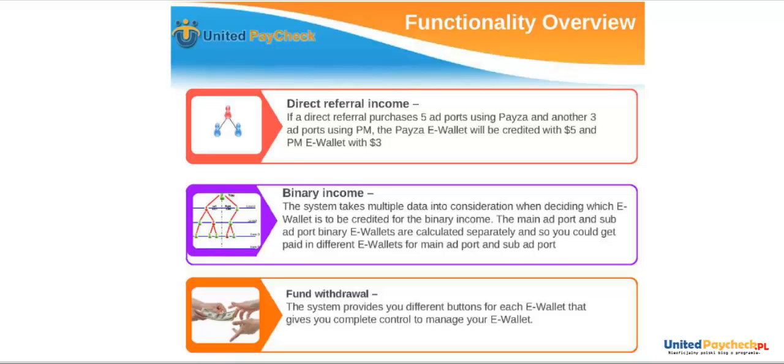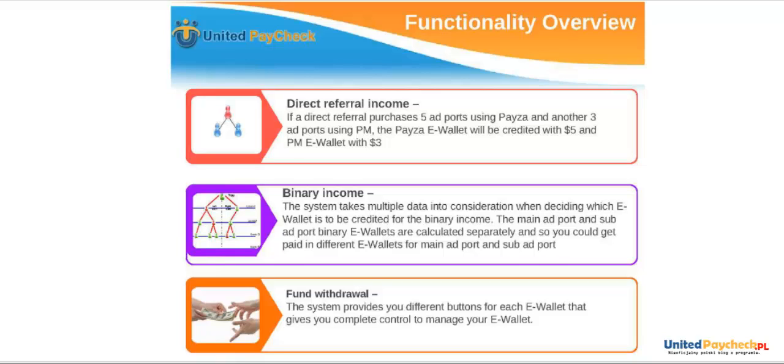Okay. Now moving on to the binary income. And you know what, guys, this is the best part, and I love this bit. Our experts have designed a statistical approach. What the system does is take multiple data into consideration when deciding which e-wallet has to be credited for the binary income.